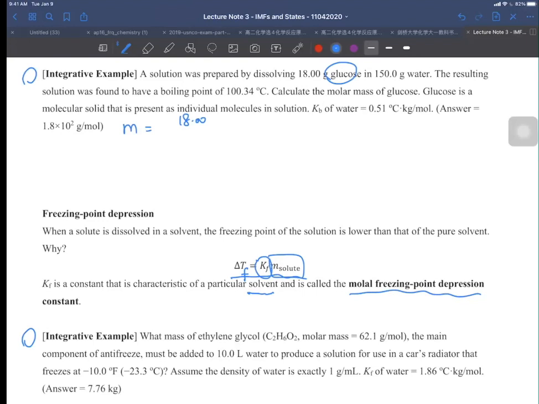Is the molar mass of glucose 180.0 gram per mole? Okay, great. So we don't need to check it anymore.